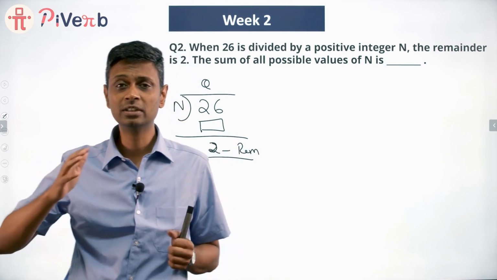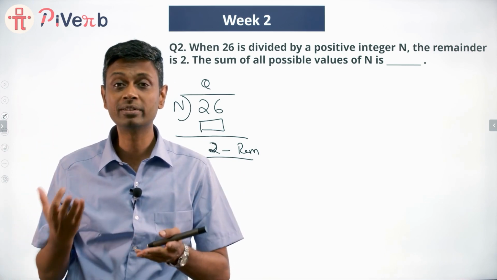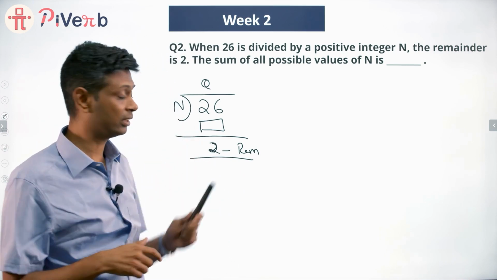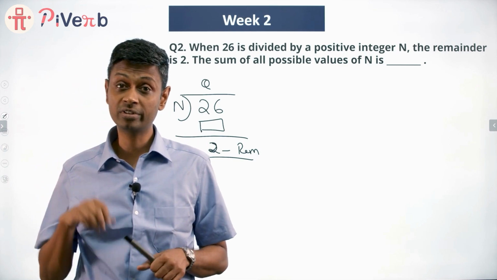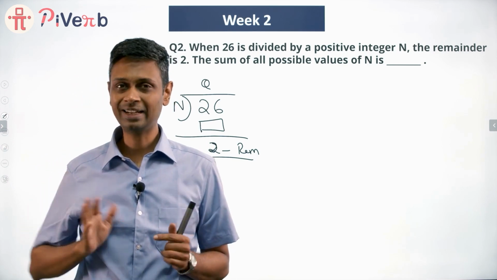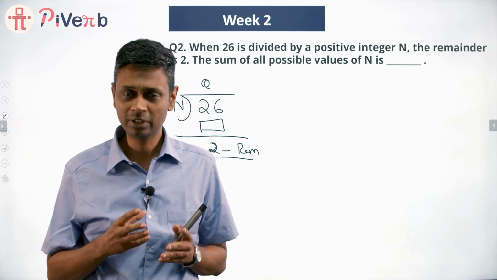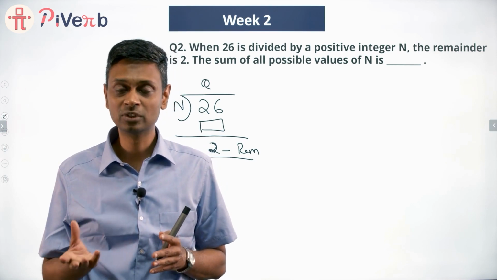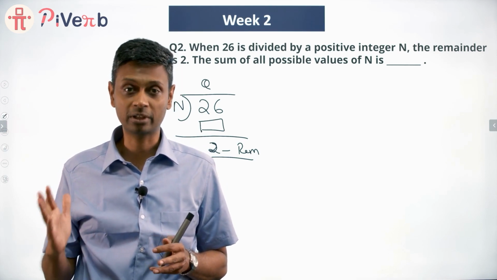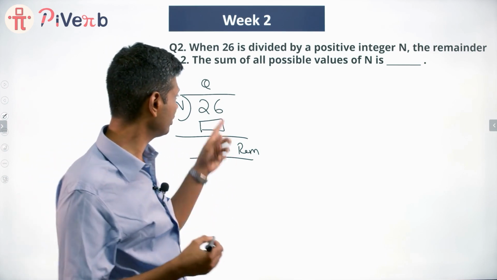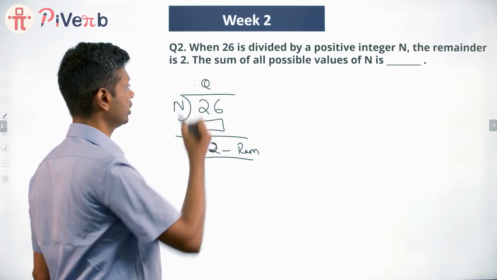Remainder by definition is linked to what remains. We divide 26 by n and we say, look, how many times can n go and sit inside 26? And then it sits a certain number of times, then something is remaining. Whatever is remaining is remainder. It sits inside 26 quotient times.